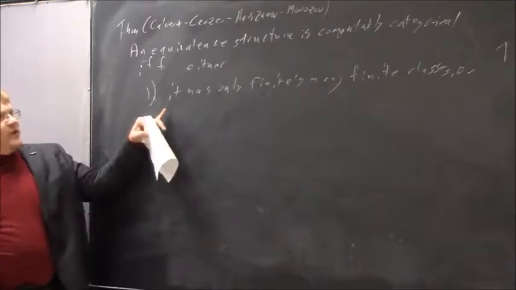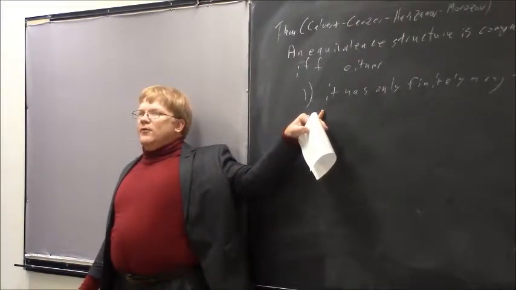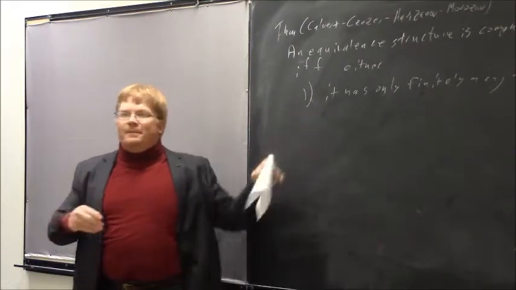So one way it can be computably categorical is if it has only finitely many finite classes. Remember, infinite classes are practically free. You can dump any mistake you want to there.